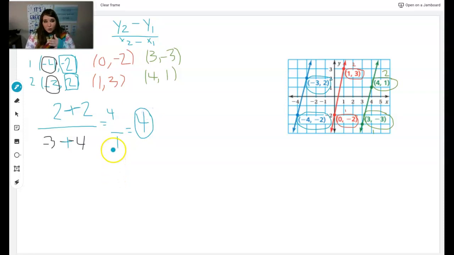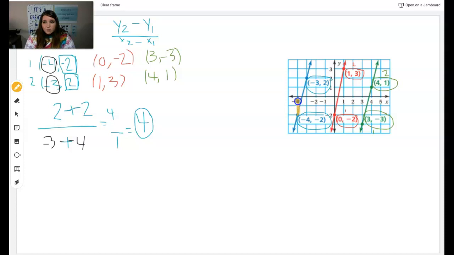Go ahead and put this part into your notes of how to solve for the slope of this line. We can also see the slope of the line if we use the highlighter tool and highlight with yellow.